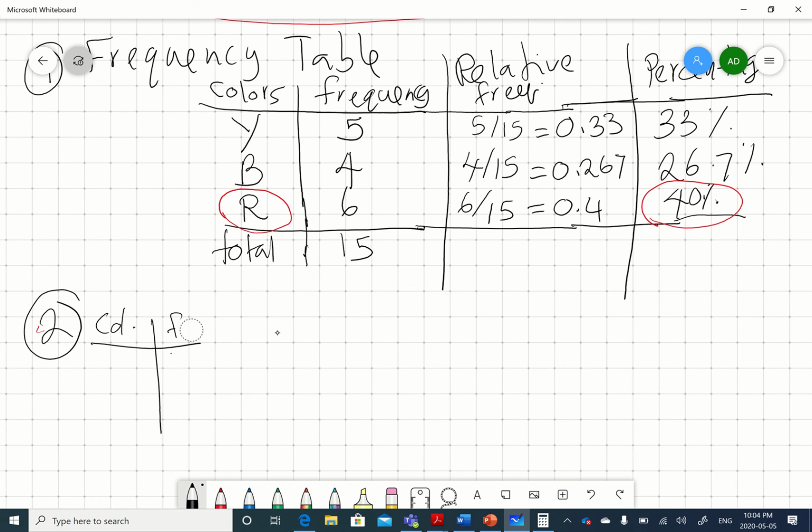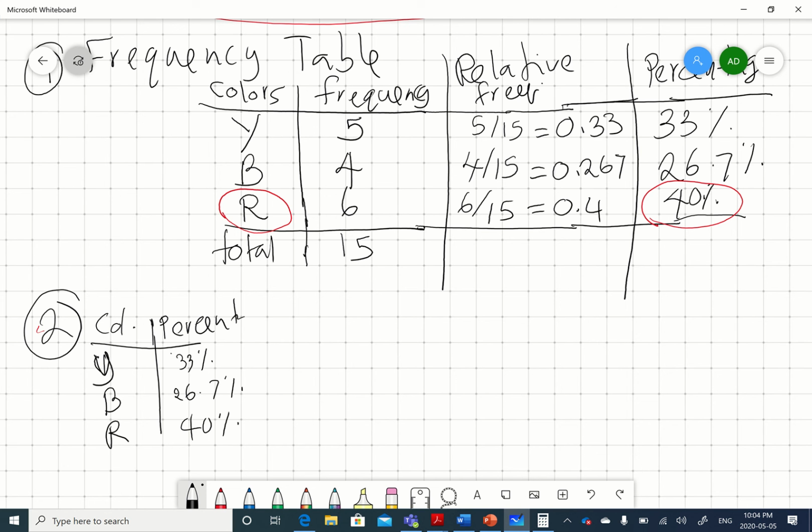Sorry, I'm going to use the percentages, because in practice people often use percentages. And so yellow, blue, red, 33%, 26.7%, and 40%.